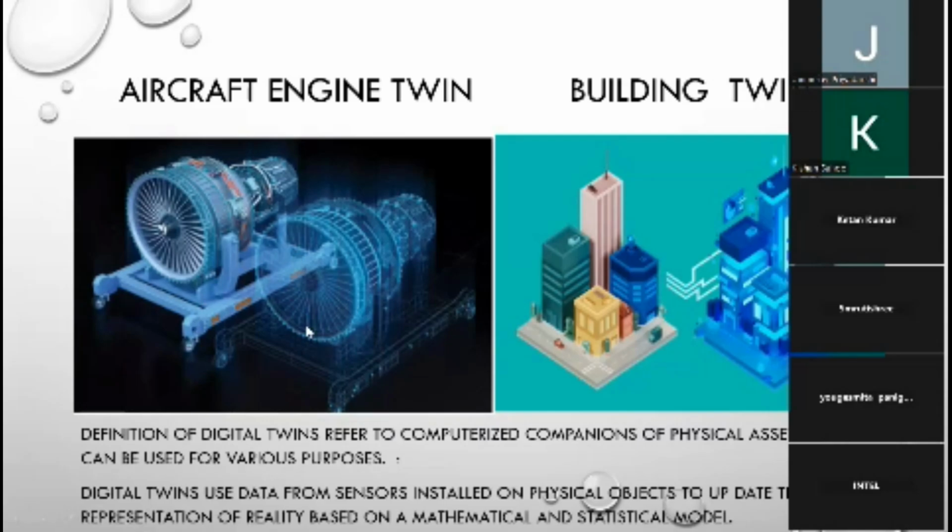They take all the parameters and everything we discussed and create it in the system digitally. The definition of a digital twin refers to a computerized companion of a physical asset that can be used for various purposes like simulation, testing, monitoring. Many things are possible through a digital twin.